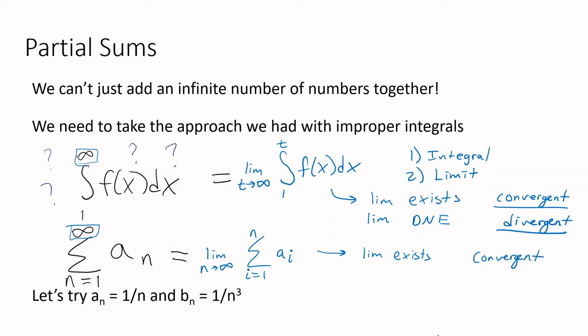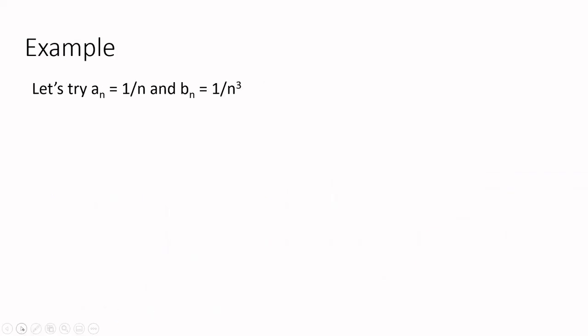And if the limit does not exist, we're going to call it divergent. And what you should see here is these things are mirroring each other pretty well with the conclusions, the setups, everything. So let's dig into this and do a couple calculations and see what's going to happen here with two examples. So let's go to the next page.